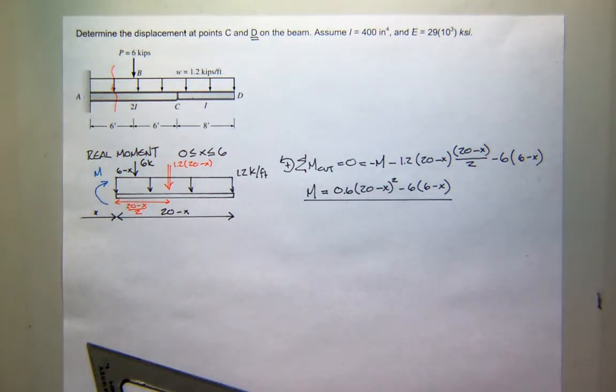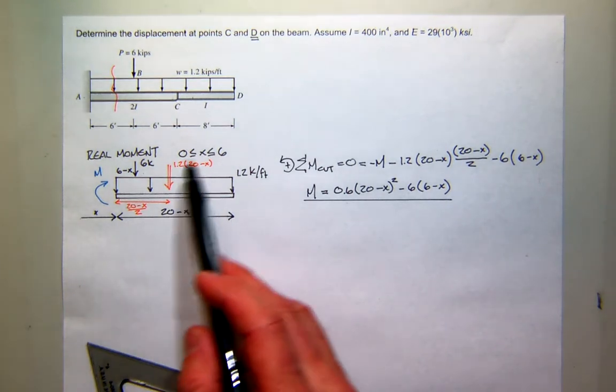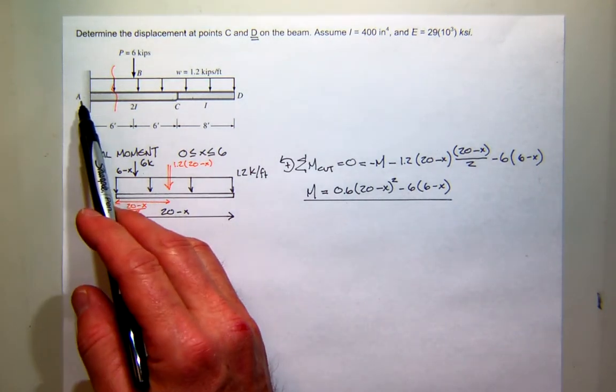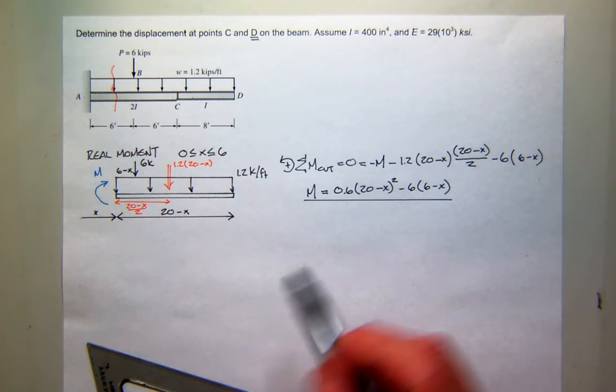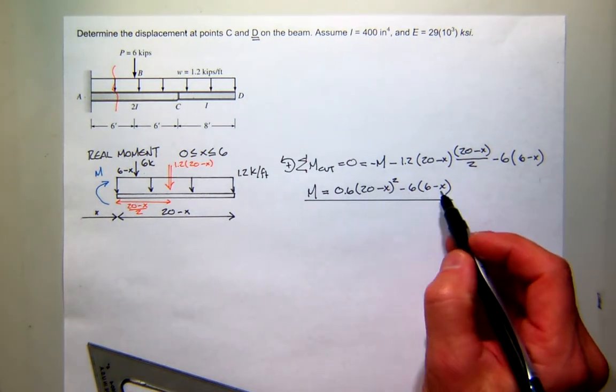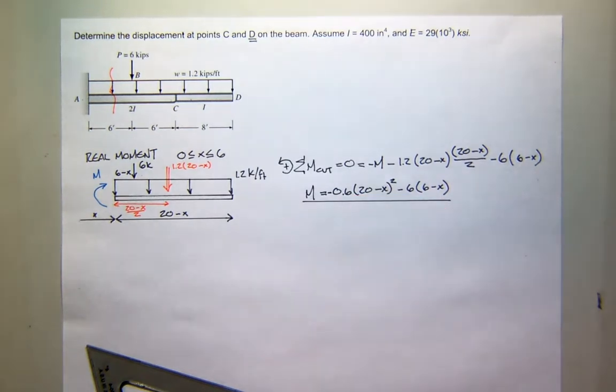Well, unfortunately, for this situation, the only place I could know the moment would be at the reaction A, and I didn't calculate that. But you can see that when I put x equal to 0, I get a relatively large negative moment, I left off my minus sign there. So I'm just going to have to hope that that's right.